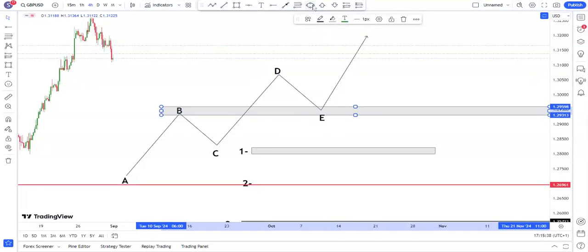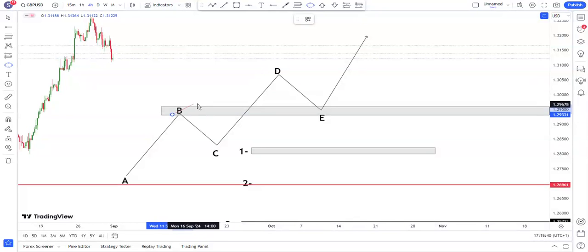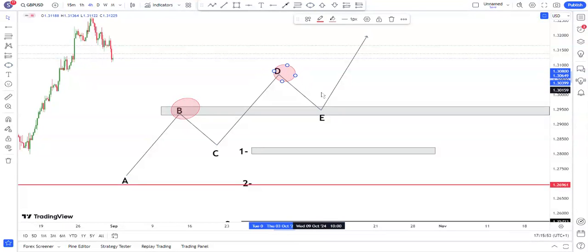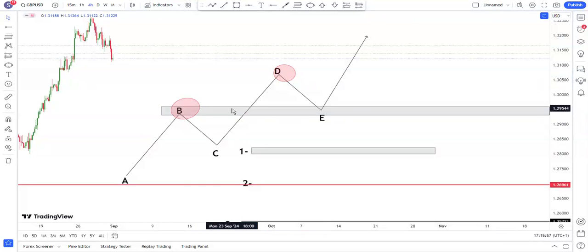Let me put another box here. This was our previous resistance. Then when it moves up, it reached another previous resistance and it couldn't go further. And at a point, it came down. So this particular rectangle you are seeing was a previous resistance.